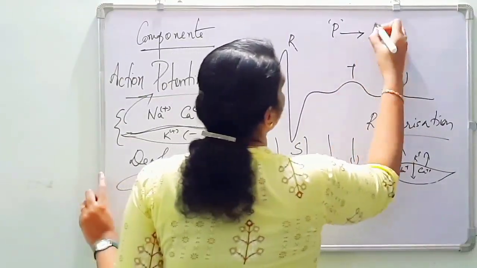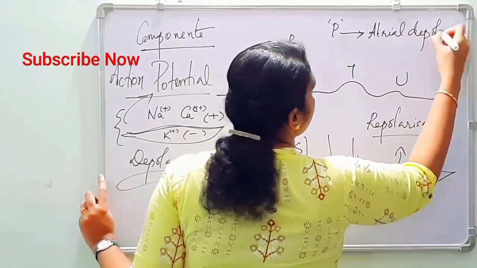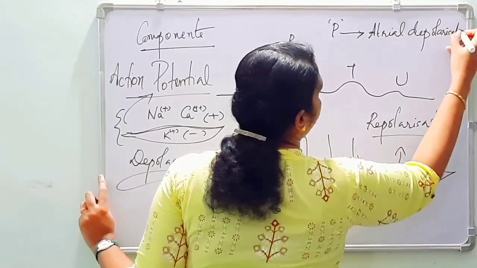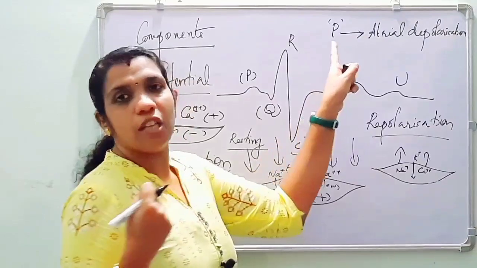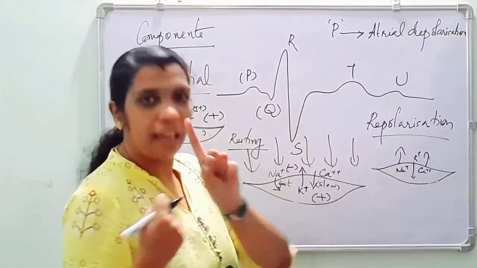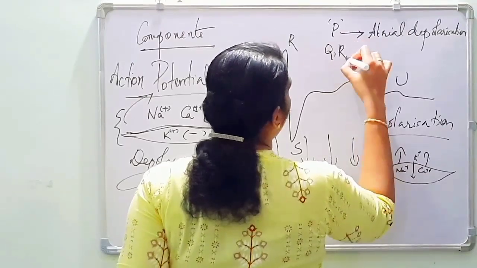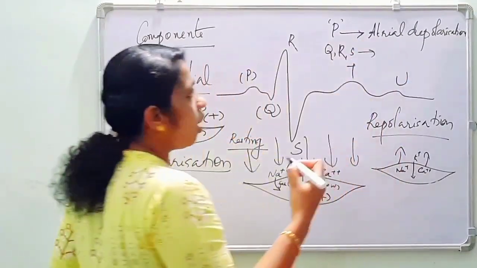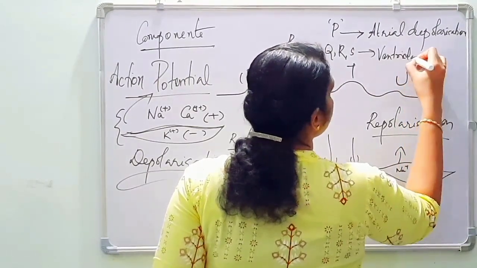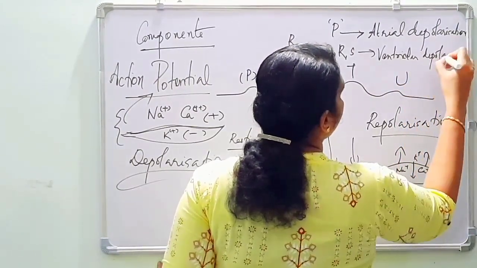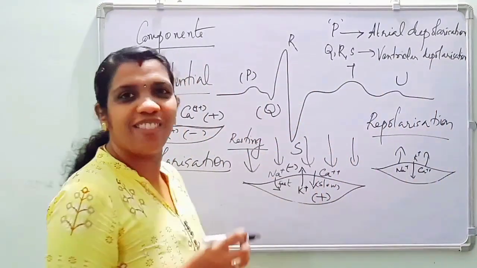So the P wave is produced during atrial depolarization. So when the atria contract, P waves are produced, and P is concerned with the atrium. Then QRS, Q, R and S, these waves are produced during ventricular depolarization. So when there is a defect in this phase, there is some problem with ventricular depolarization.